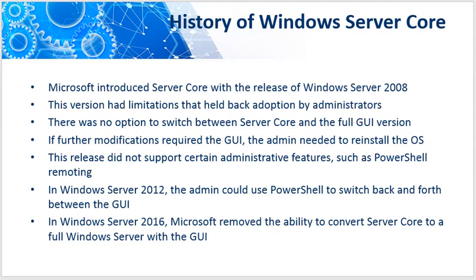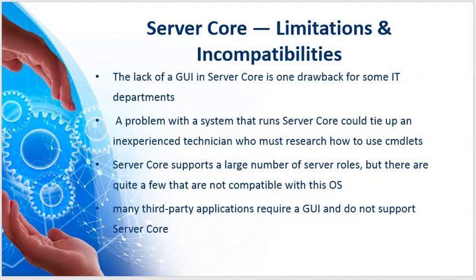Windows 2012 removed this issue by providing switching support, but in 2016 this ability is completely removed. You have to decide once whether you want to go with the command line, the Server Core classic, or the GUI interface. You have to decide before installation.